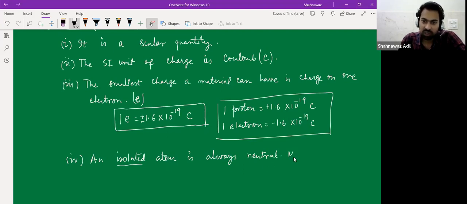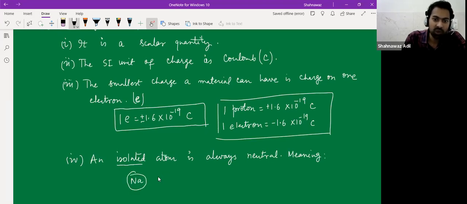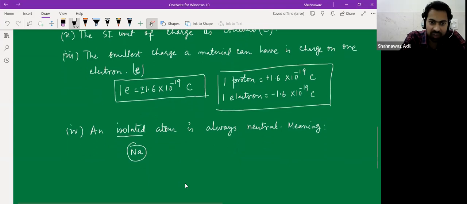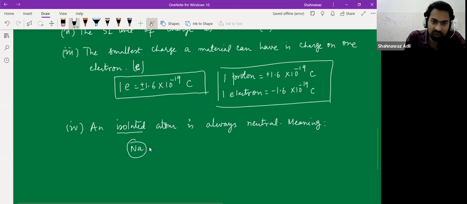Let's say you take an example of sodium. In a sodium atom, how many protons will you have? When you study the structure of sodium, the number of protons would be 11, because it has atomic number 11.